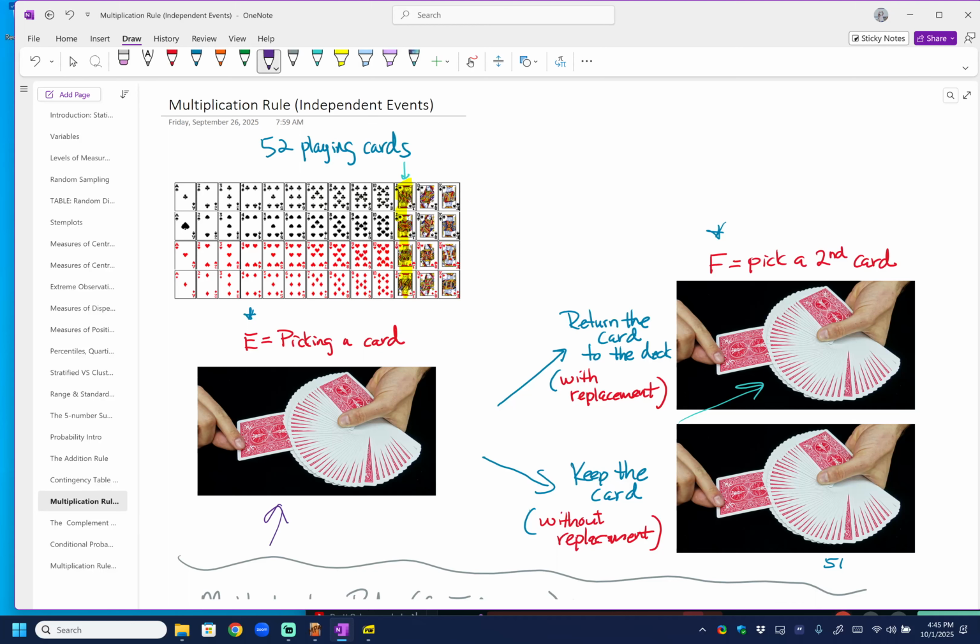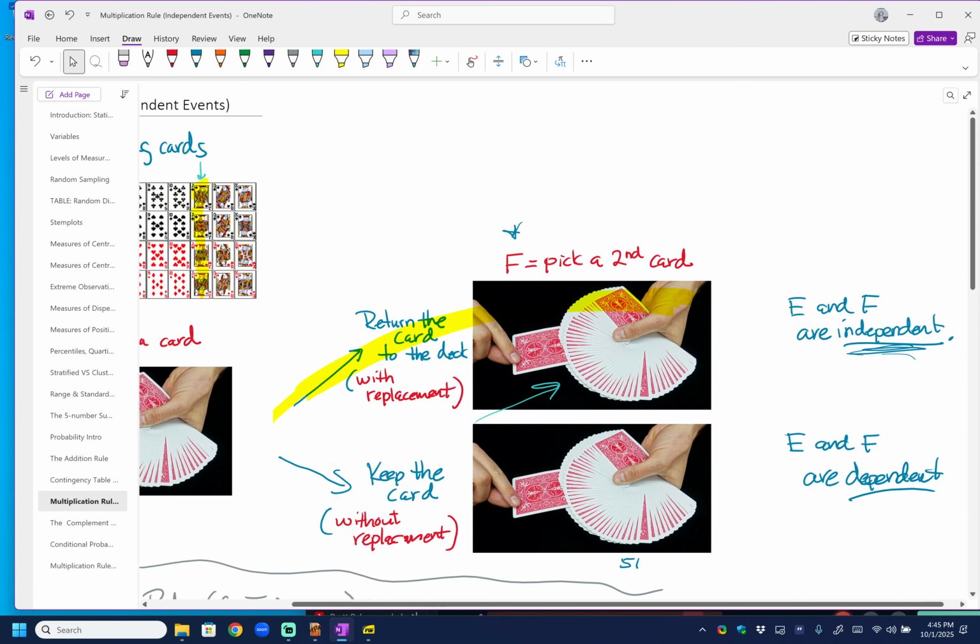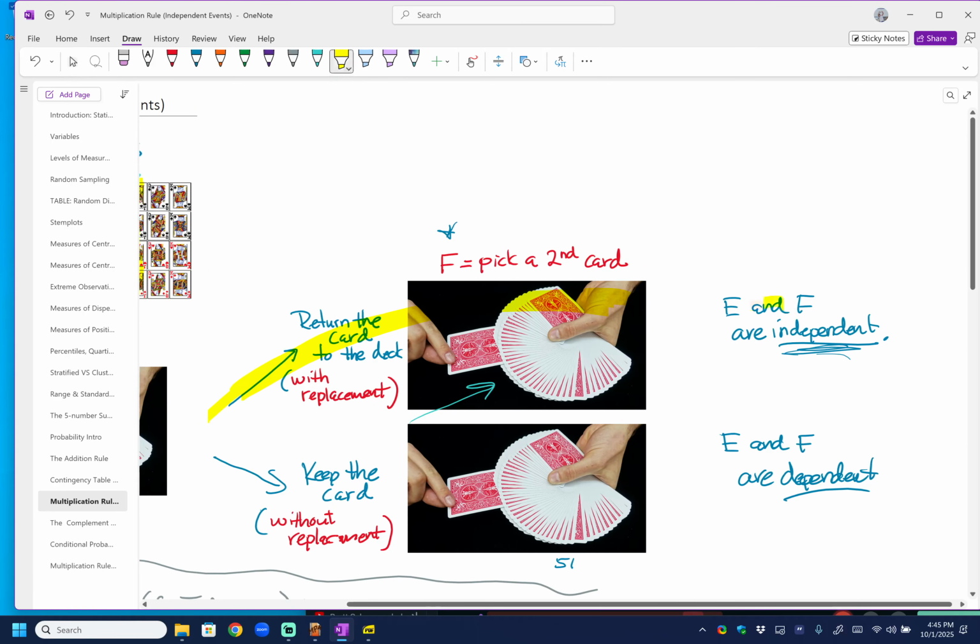We concentrated on this entire upper quadrant here, where we would replace the card, pick another card, the deck would be refreshed, and of course the events ended up being independent.